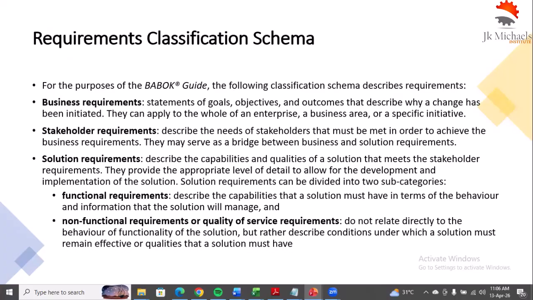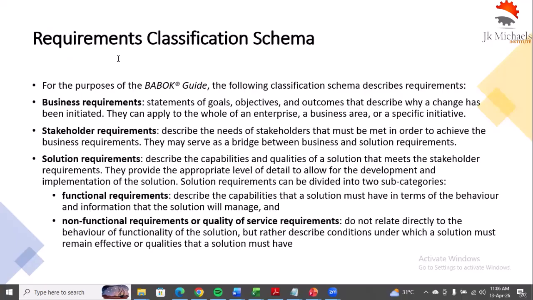Now, one of the very important things to consider is what we call the requirement classification schema, forgive me. Now, it says that there are four kinds of requirements that a business analyst will deal with, and to achieve the best results, it's always better that a business analyst knows how to classify, knows how to identify what kind of requirements he's dealing with at any point in time.